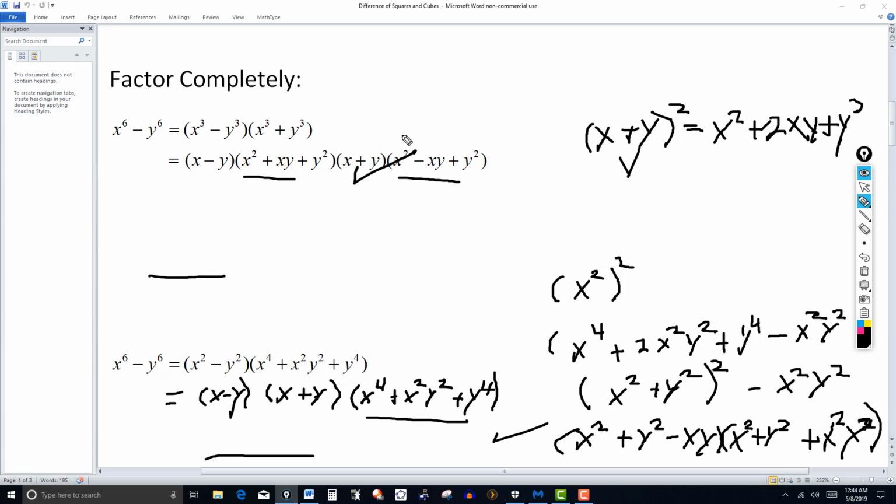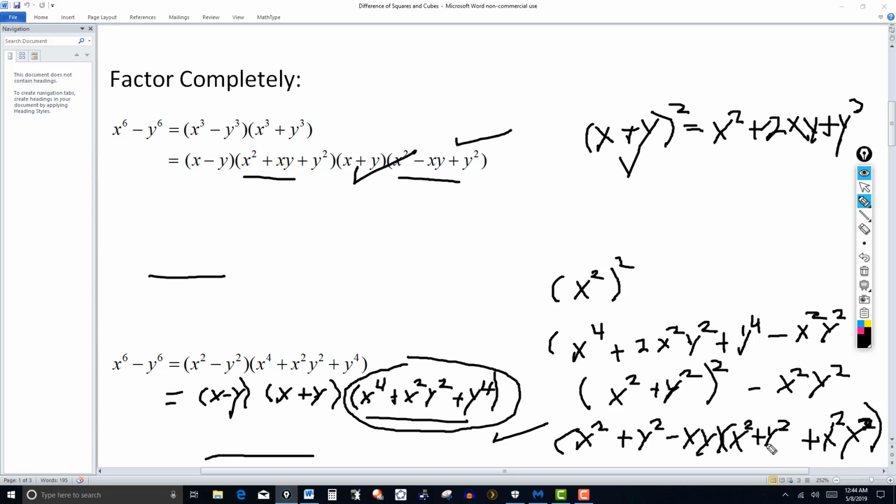Okay. So this answer then, if you go ahead and complete it, is x minus y, x plus y, and then you take this right here and replace it by its factors, which is x squared plus y squared minus xy, okay, which is this right here, except the x squared and the y squared are not in the same order, but that's the same thing.